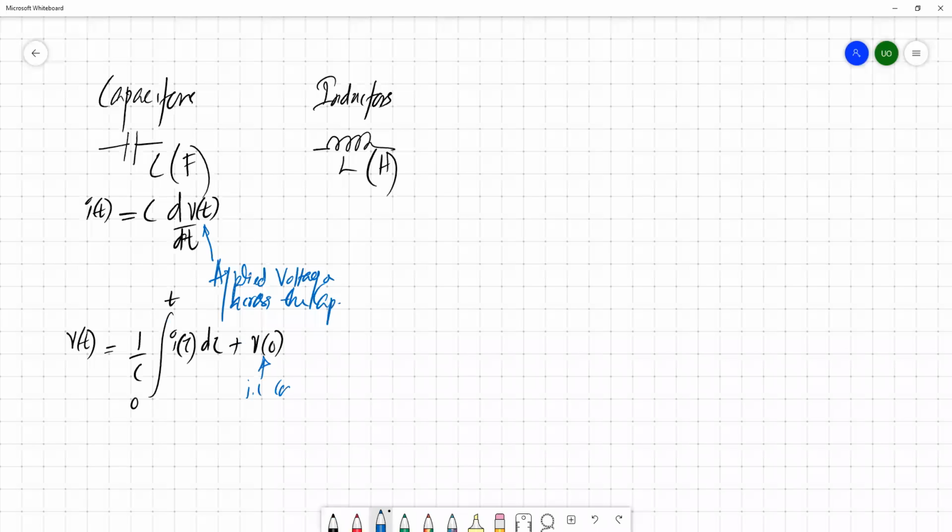This integral component covers the future values, because the integral goes up to t, which is greater than or equal to 0.